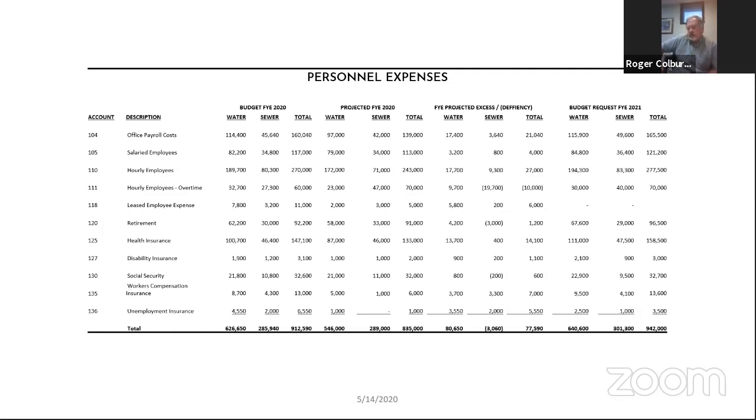Glenda prepared a spreadsheet that itemized the hourly wages and salaries for everybody staffed in the system. And so the consideration in the budget was for a COLA, a cost of living adjustment of 2.3%.